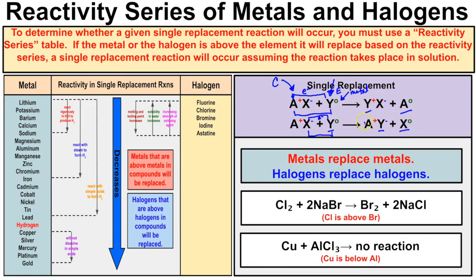So those are the two different types of single replacement reactions. Typically this will end up being a halogen, or some sort of metal from the periodic table.